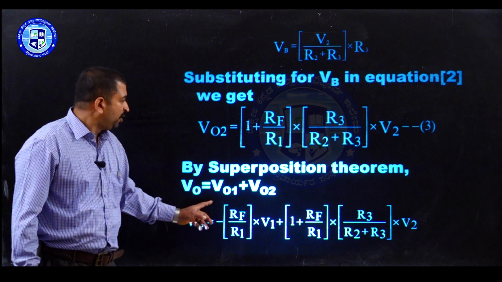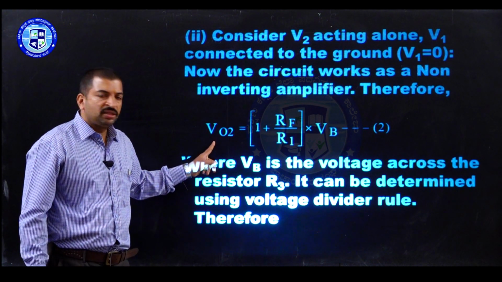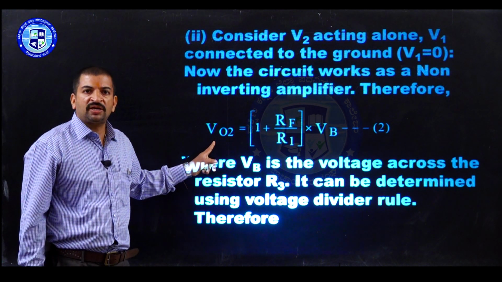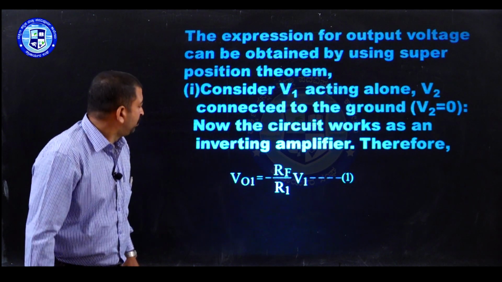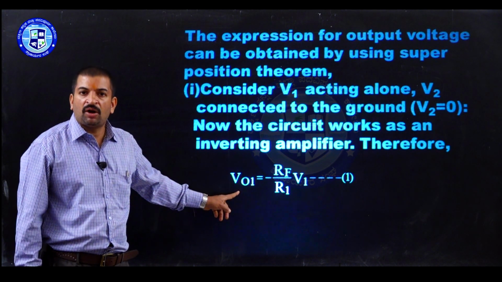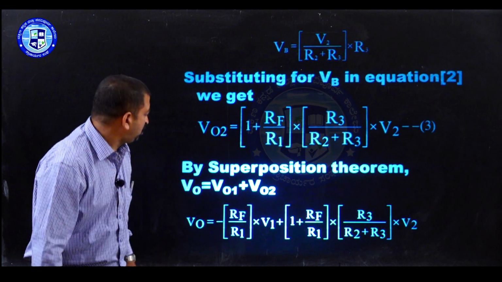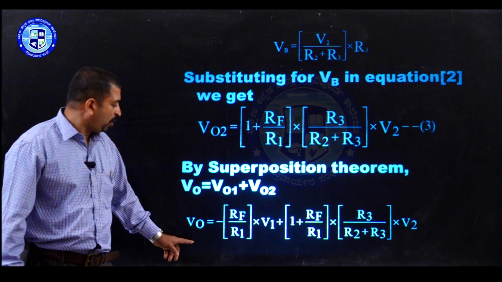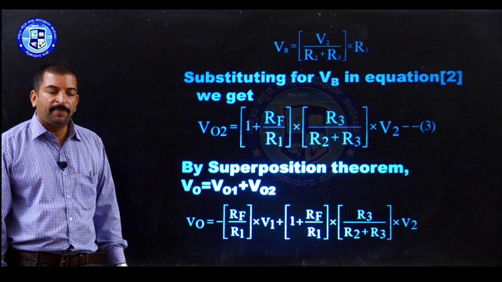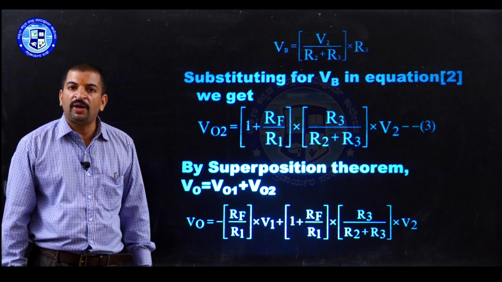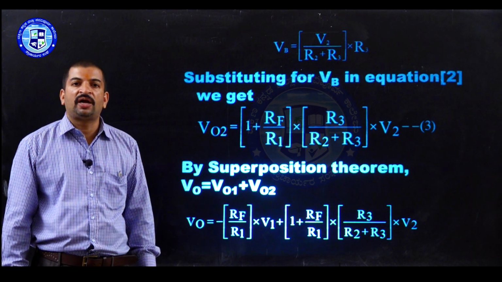So now equation number 2 represents the output voltage caused by V2 acting alone, and VO1 is the output voltage caused by V1 acting alone. Let us substitute in this equation: VO equals minus RF by R1 times V1 plus 1 plus RF by R1 times V2 times R3 divided by R2 plus R3.